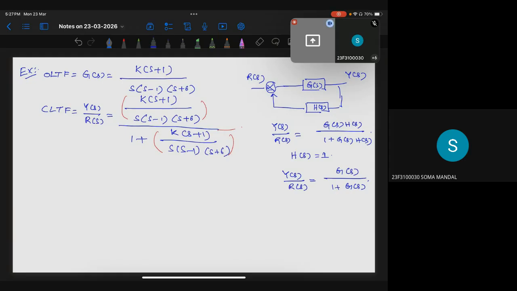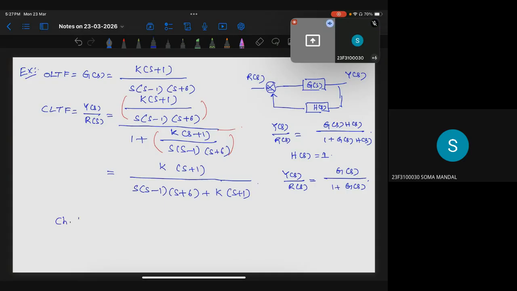Right? So how will that expression change? I can simplify that to K into (s plus 1) by s into (s minus 1)(s plus 6) plus K into (s plus 1). Is this correct? Both denominators get cancelled. Correct?